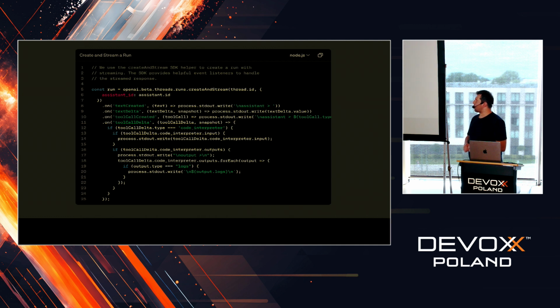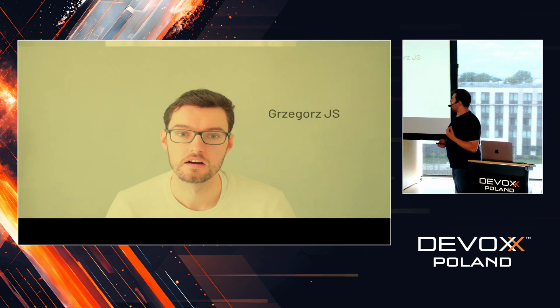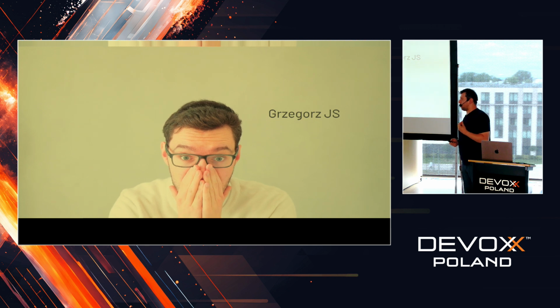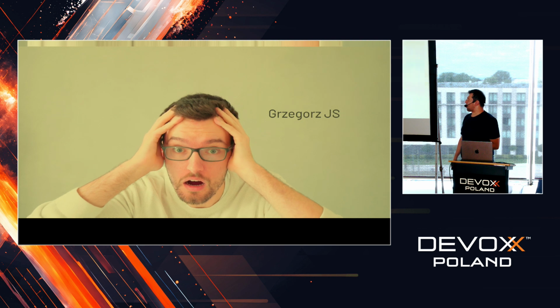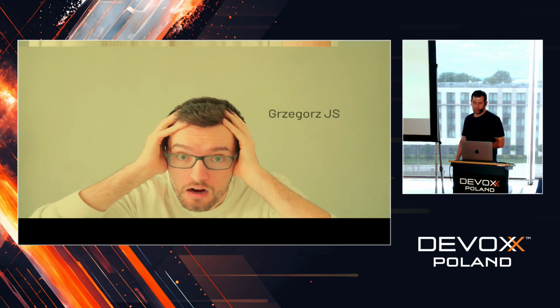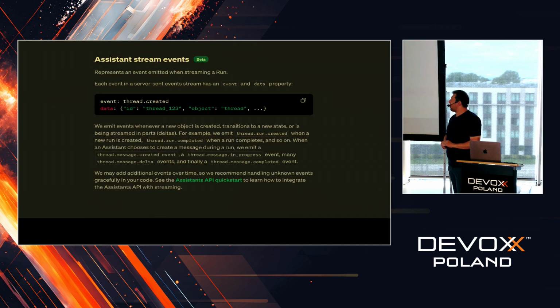So currently, we can just use, for example, create and stream methods, and there are plenty of events that we can attach and listen to get data. And the reaction of the team was devastated, right? Because they were trying to omit this while loop, and currently life is much easier than in March.